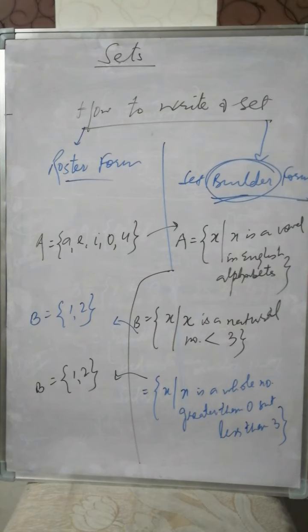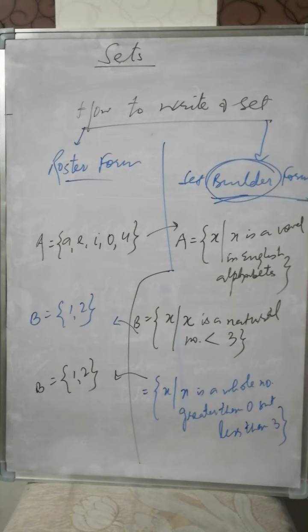So what do we observe from this? You have to reach a conclusion that for the same set in the roster form, we can have different ways of writing it in the set builder form. But when you convert a set builder form to the roster form, you always get a unique conclusion.